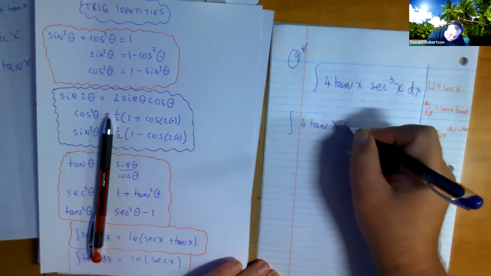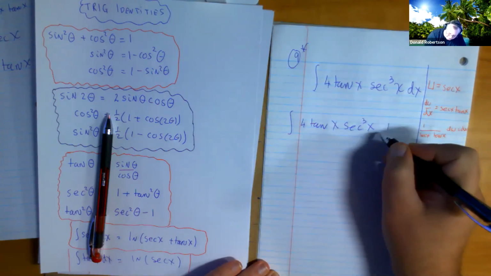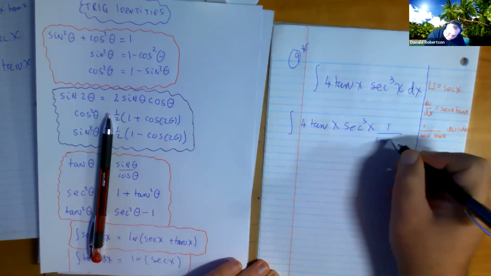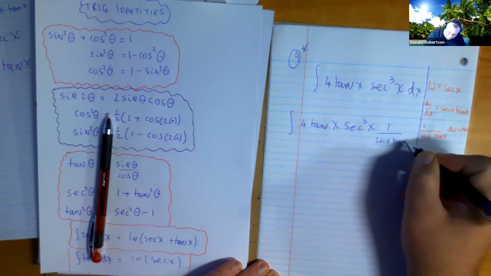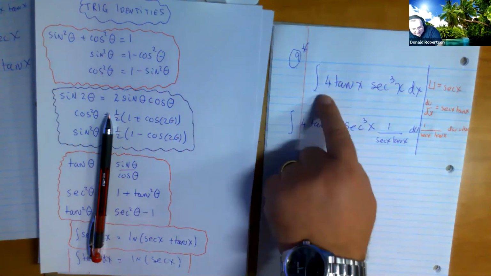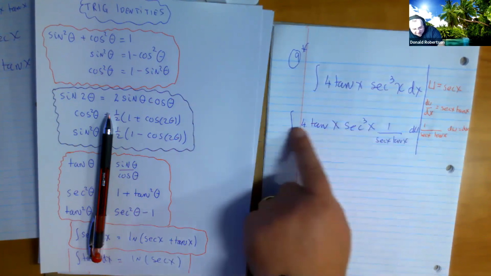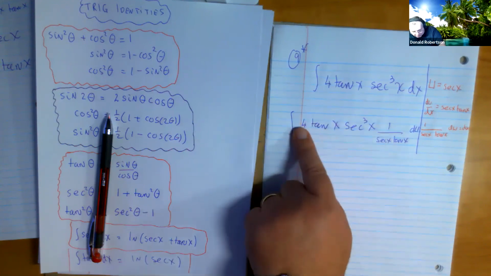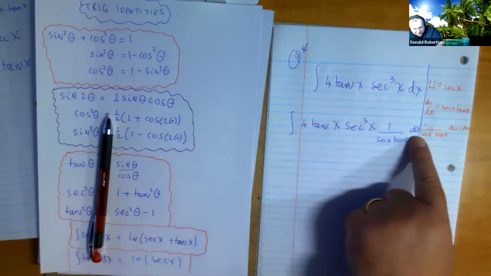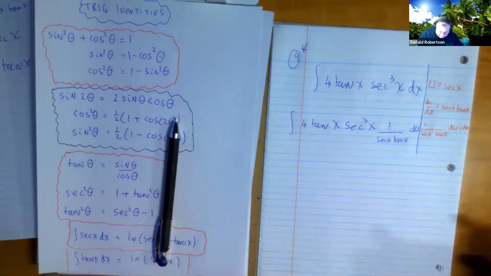I suggest very strongly that you don't do anything to it yet. In other words, in these tan secant questions, have this line where everything stays put and just turn the dx into that. Now, when you do that, what you were getting at, it makes perfect sense now.